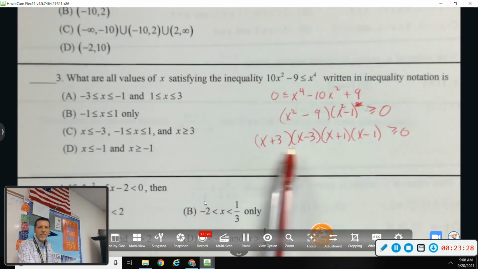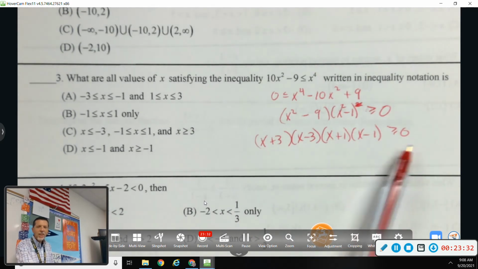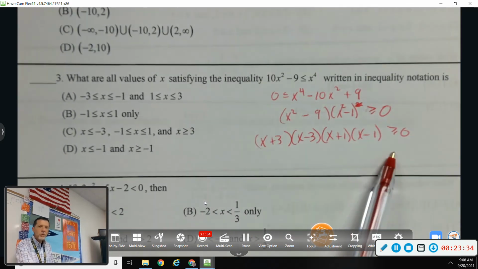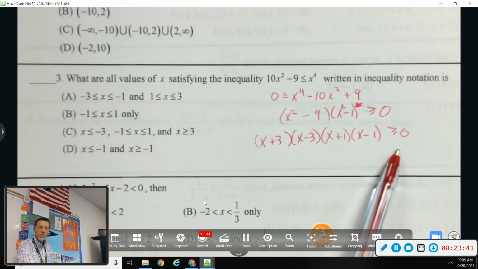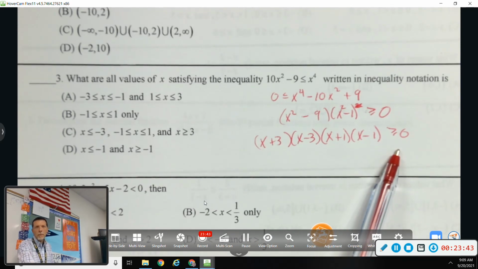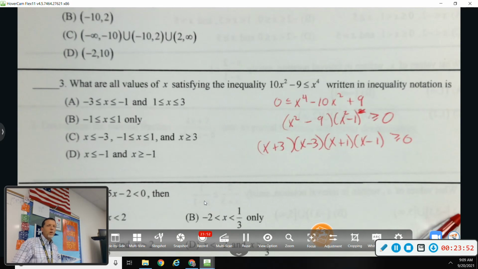Now that's 4 zeros, which means 5 intervals, which is a lot of testing, but there's no double roots. So what is the picture going to look like? It's going to alternate. So you could get by with just testing 1 and alternating off of there. Again, I really suggest you check 2, check that those alternate, and then alternate from there and be okay. But you really could check 1 and alternate after that. Good question. I'm glad you saw that before I hit stop.